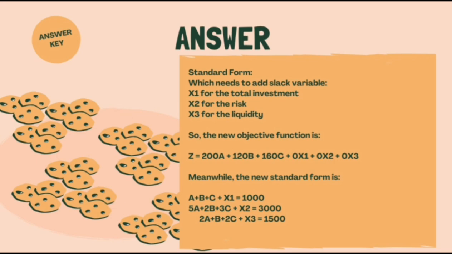Meanwhile, the new standard form is A plus B plus C plus x1 equals 1000. After that, 5A plus 2B plus 3C plus x2 equals 3000. And 2A plus B plus 2C plus x3 equals 1500.